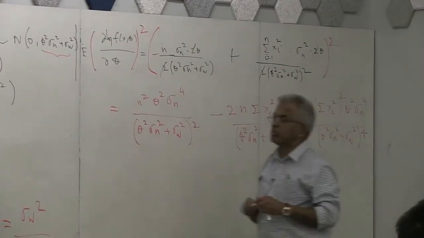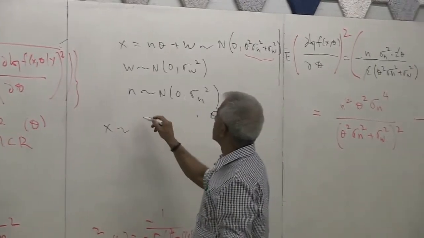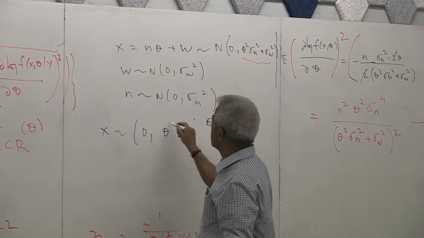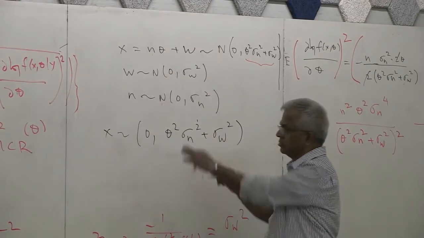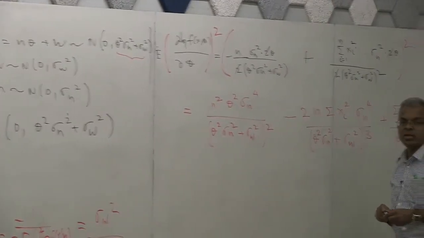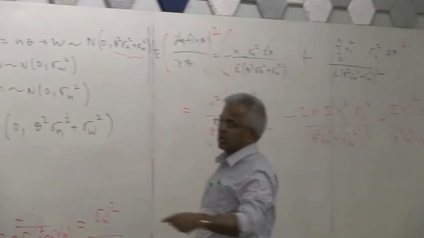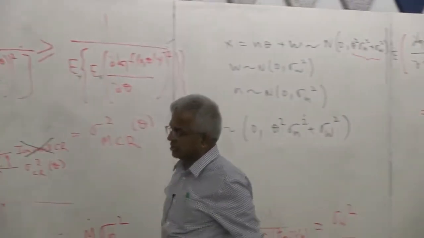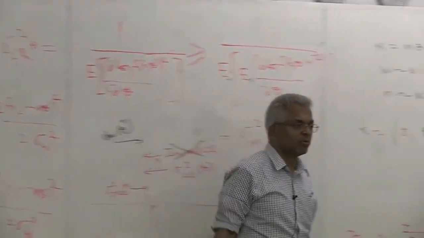Remember, we concluded that x is zero mean with variance theta squared sigma n squared plus sigma w squared. So when you write the density function, everything is with respect to observations. Whereas in the modified Cramer Rao bound, we did a shortcut. We froze n, did this, and then found the expectation.